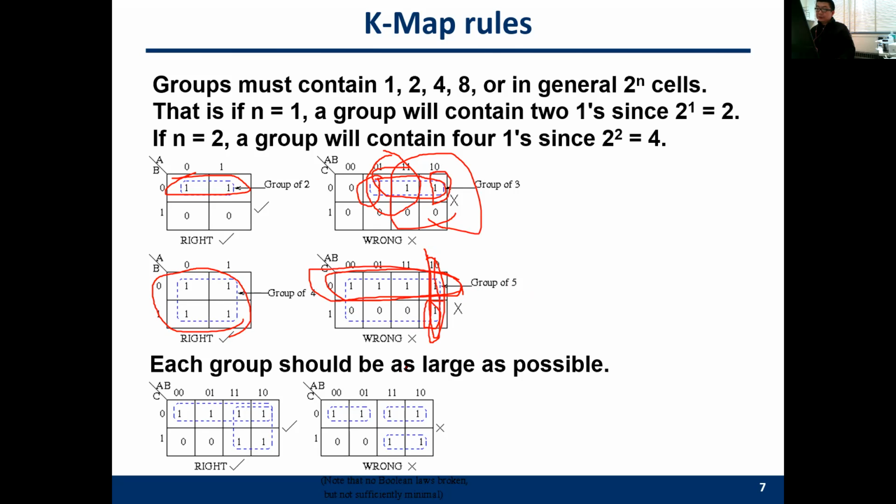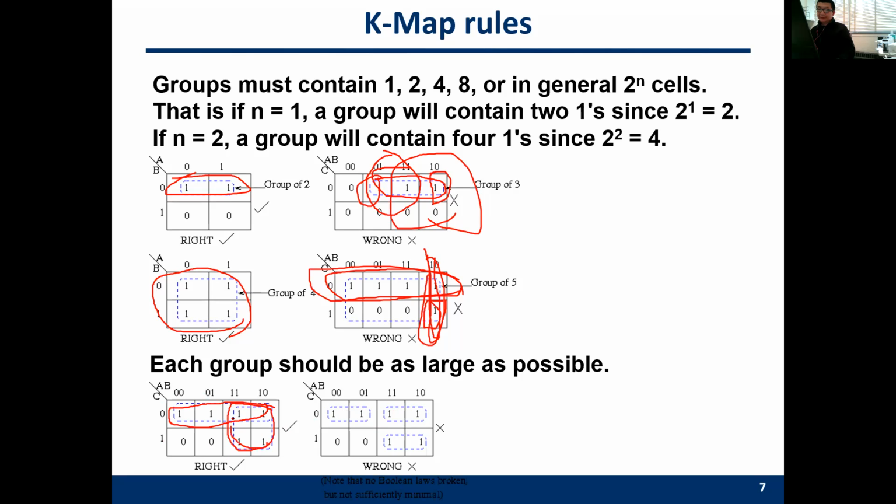Each group or each circle should be as large as possible. So for this one, you can draw 2 large circles, but these are not right because you divided it into 3 groups, and the groups can be overlapped.